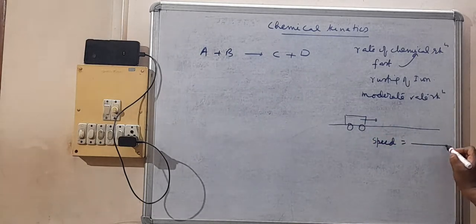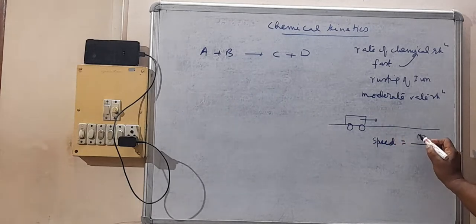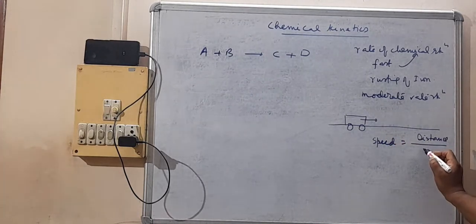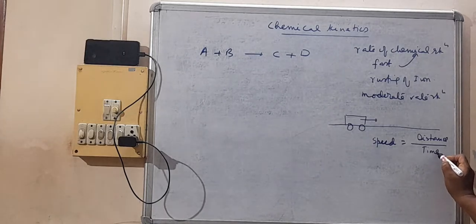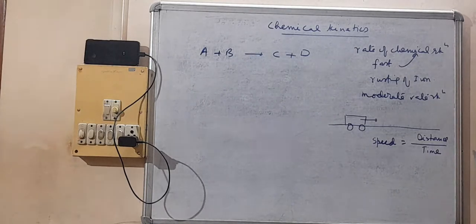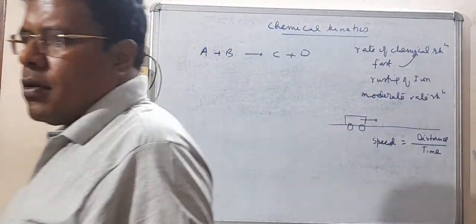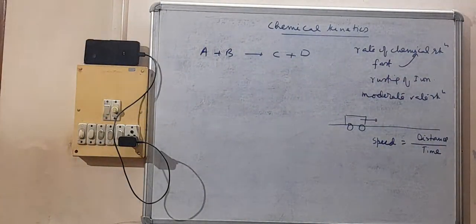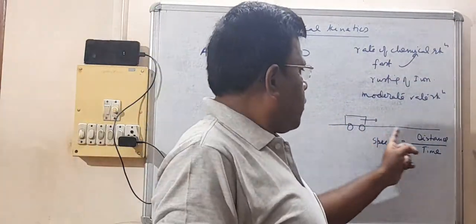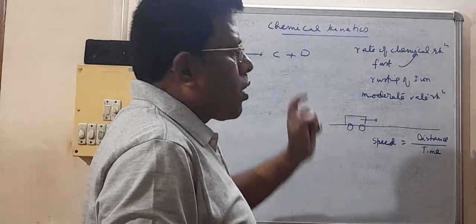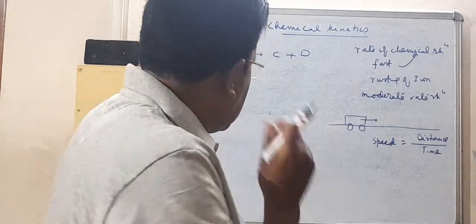We see how much distance it goes in a given period of time. So distance by time gives us the speed of the vehicle, the rate of travel of the vehicle. Now, in case of a chemical reaction, how do we express the rate?